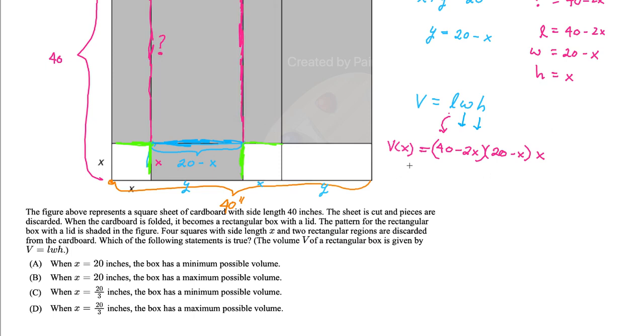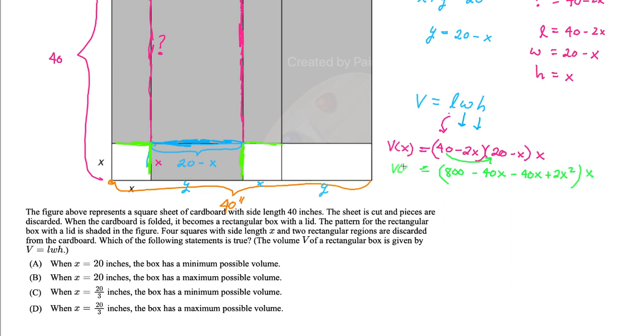So in order to do that, I'm going to first FOIL this all out. You could use product rule a few times, but I'm just going to FOIL it out. So 40 times 20 is 800. Minus 40x minus 40x plus 2x squared times x. I'm just going to distribute that x again.